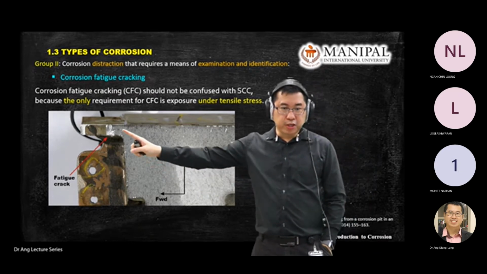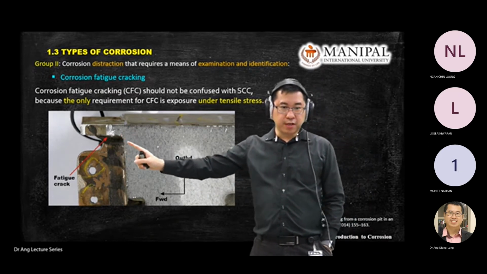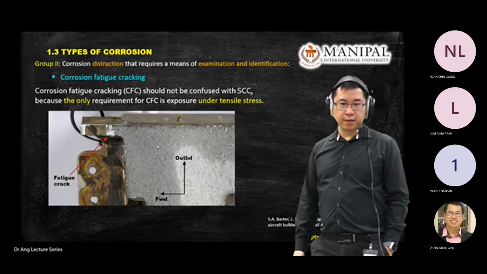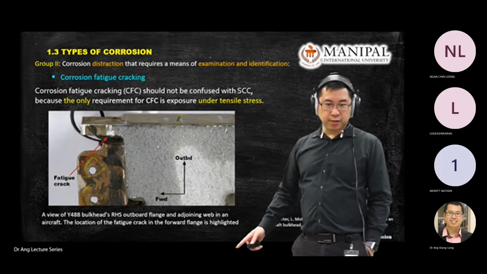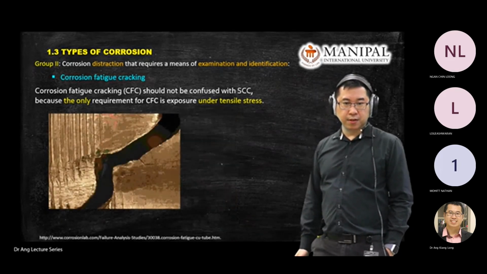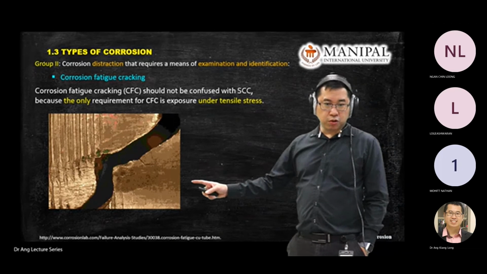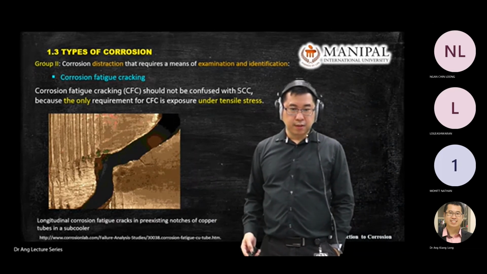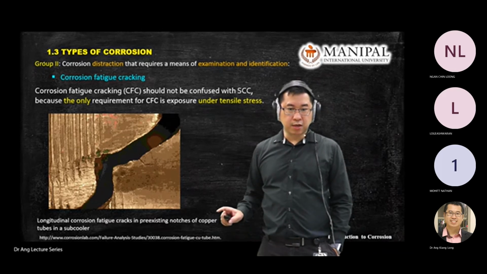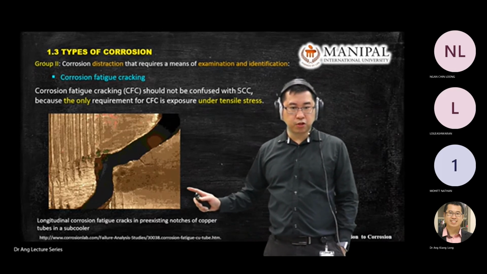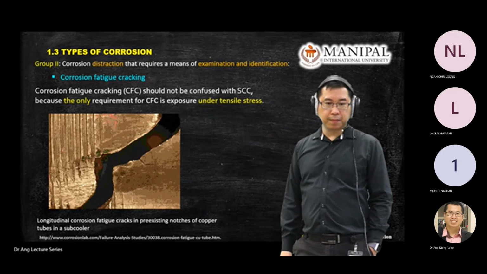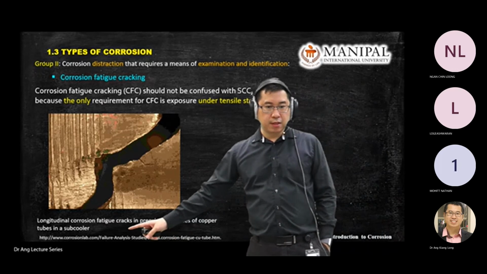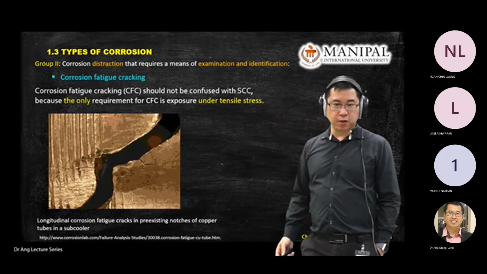Especially the screw area, normally you have fatigue happen there. The rest you can read from the slides. This one is under a microscope. You can see the crack will happen. This one is copper. This is a copper tube that happened in the subcooler, in the chiller or subcooler.